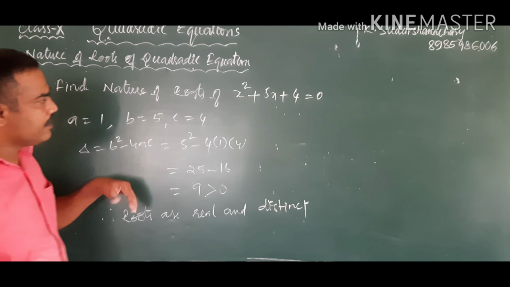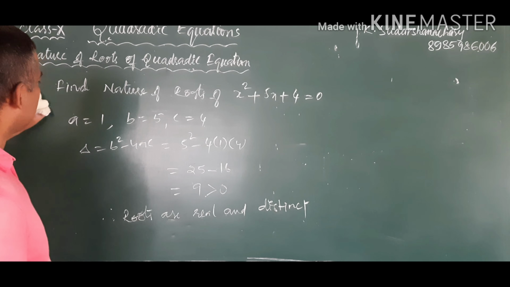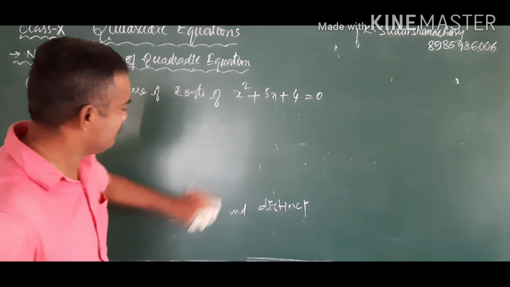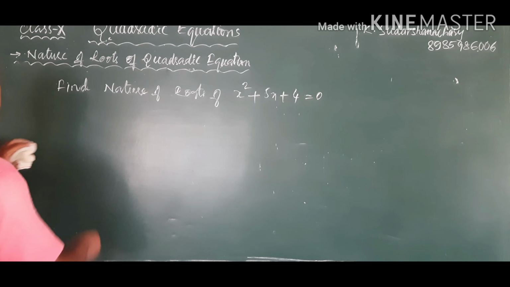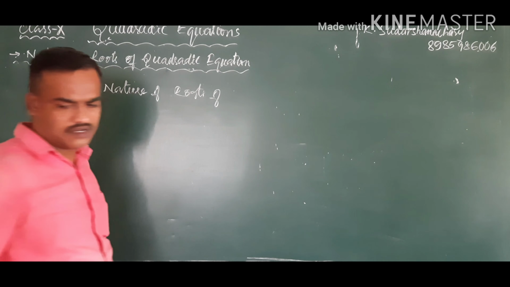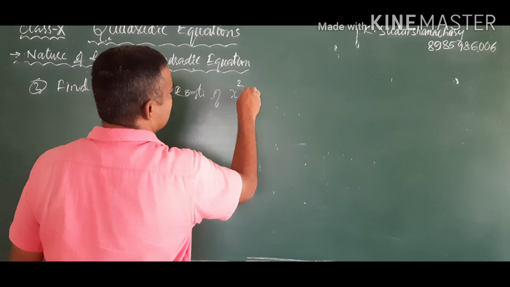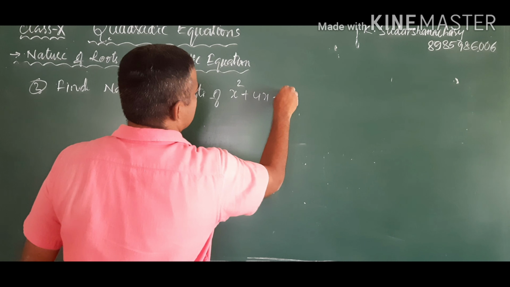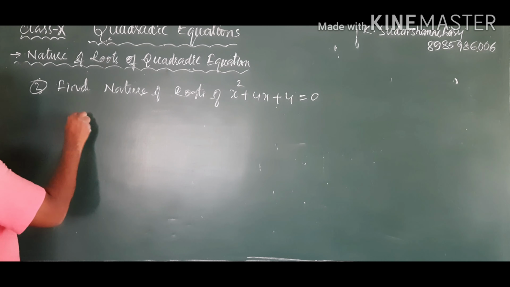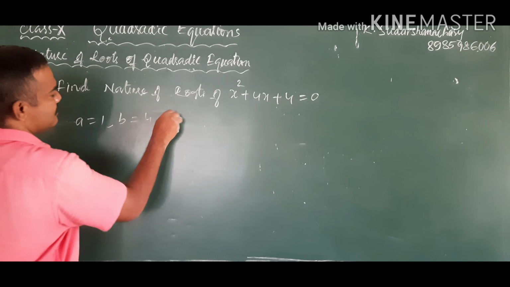Okay. Next, suppose one more condition, the equal roots. Taking one example: find the nature of roots of x² + 4x + 4 = 0. Here a = 1, b = 4, c = 4.